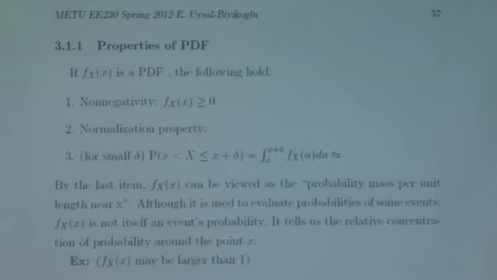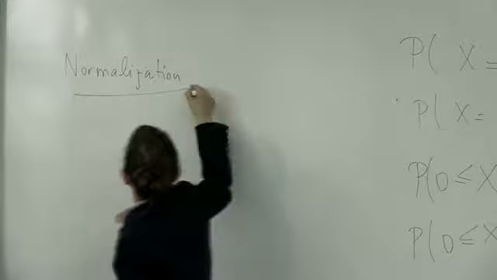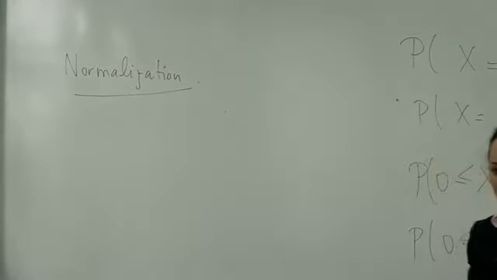Normalization property. Density functions should normalize somehow. What do you think that property should say? Normalization is, in this setting, the area under the curve should be equal to something. Integral fx of x dx.